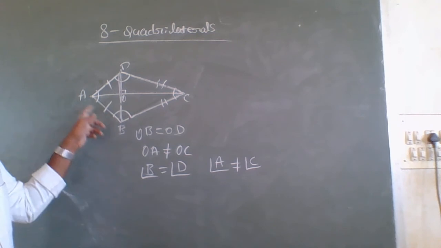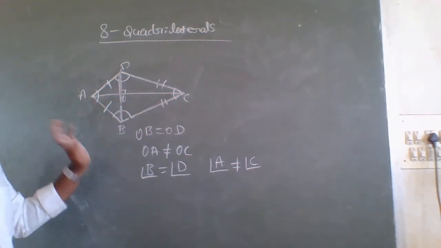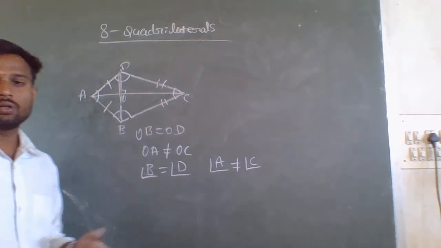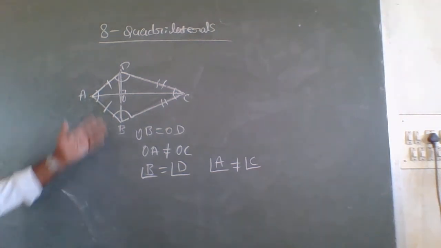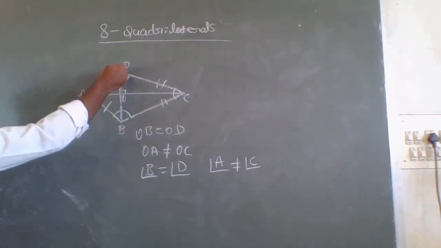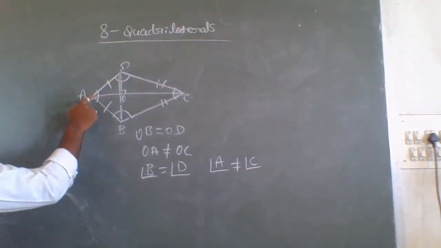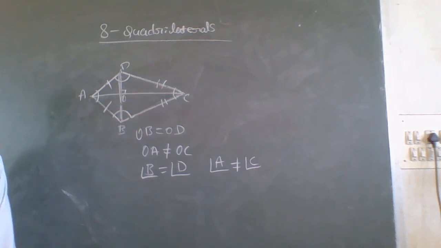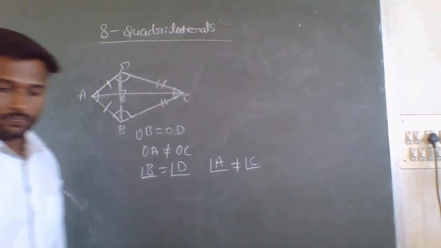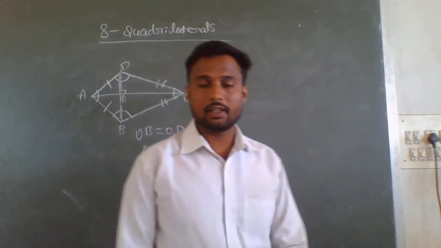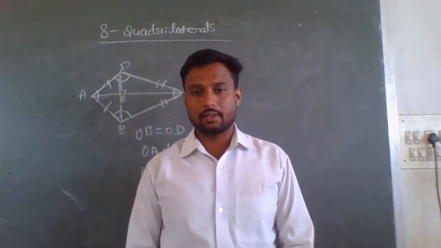Here AC is bisecting BD, meaning BD is divided into two equal parts, and in this example angle B is equal to angle D, but angle A is not equal to angle C. So these are the important types of quadrilaterals and their properties.